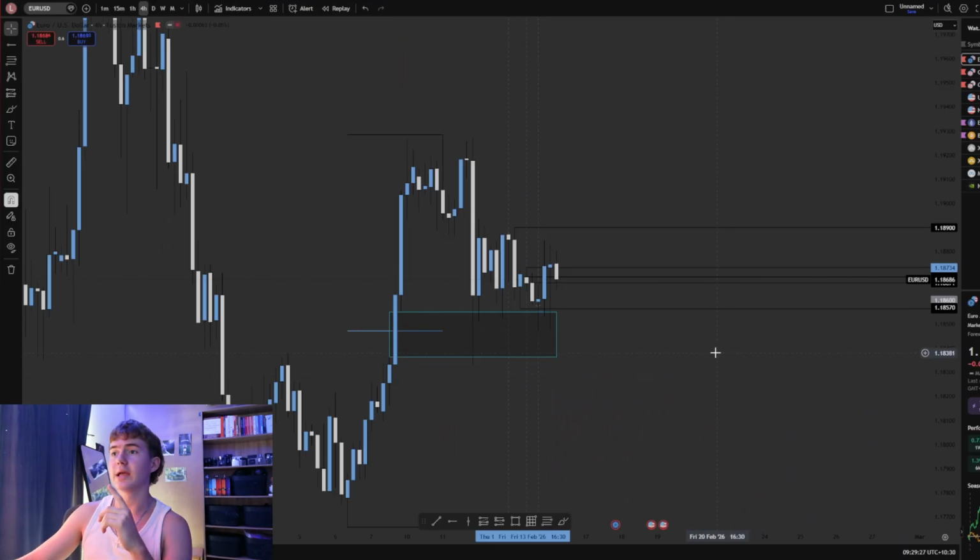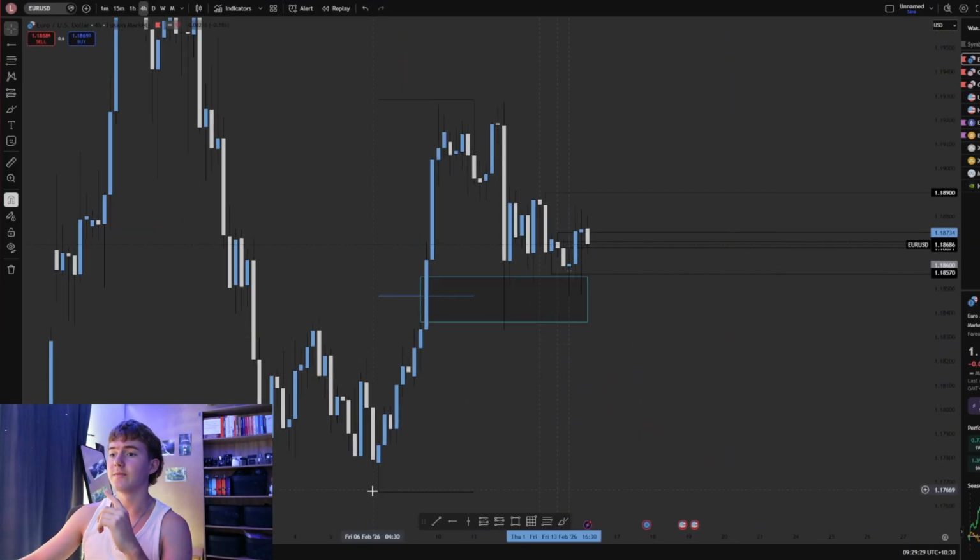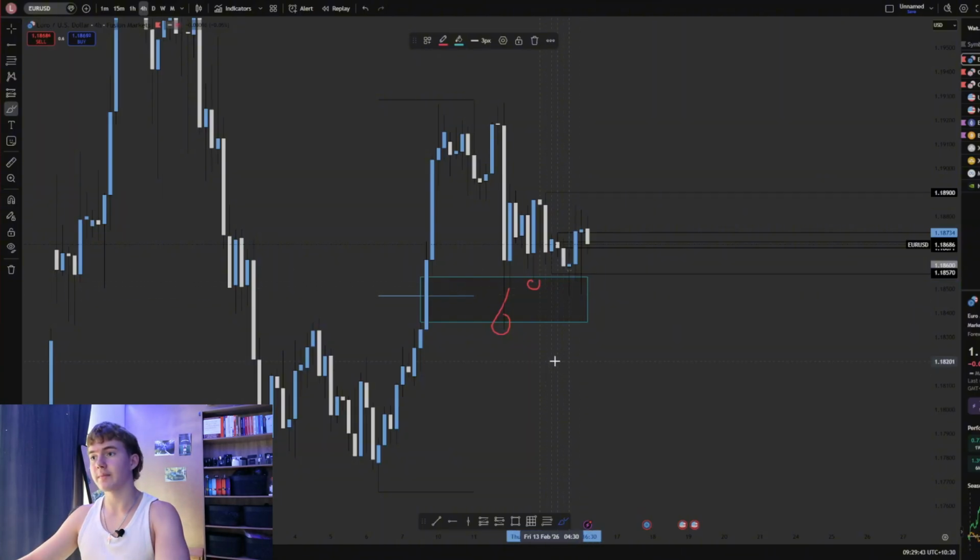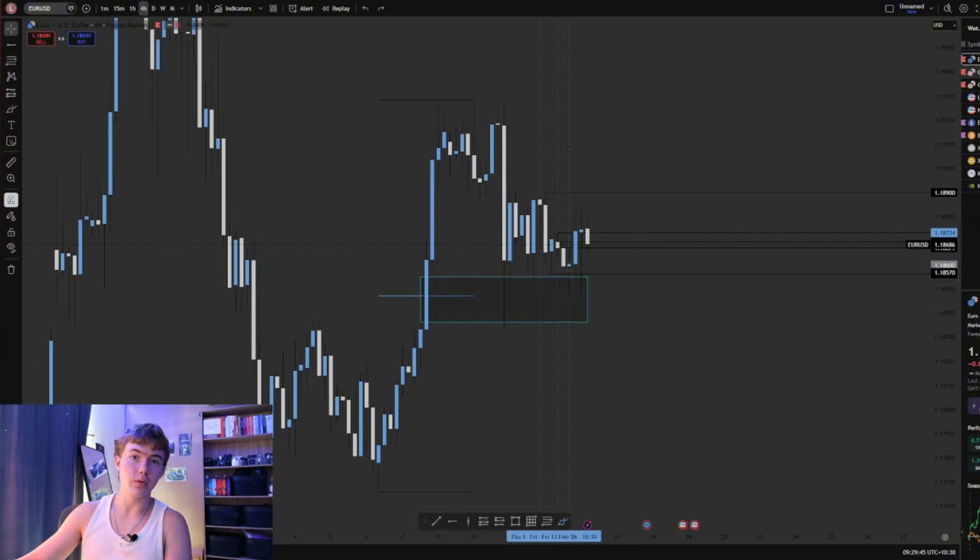EU, the pair that I took the trade on, we actually had some 4 hour stuff. We had equilibrium tapped from this high to low, and this fair value gap here, which has been tapped once, twice, and a third time at pre-market.